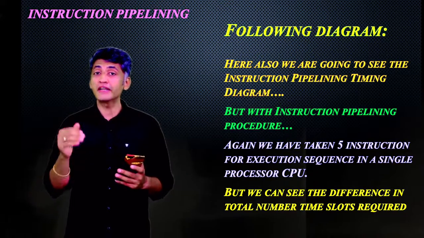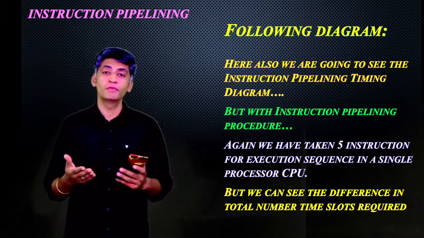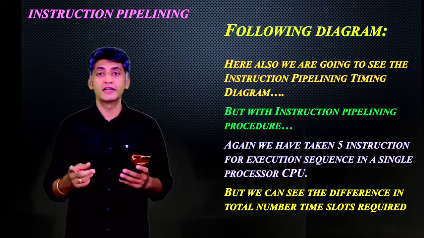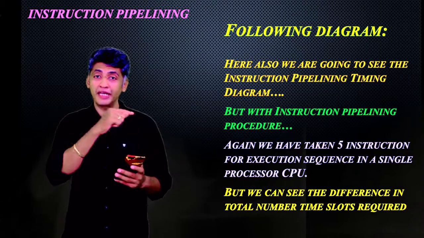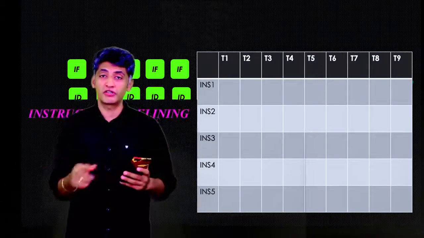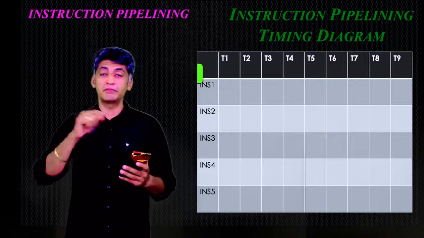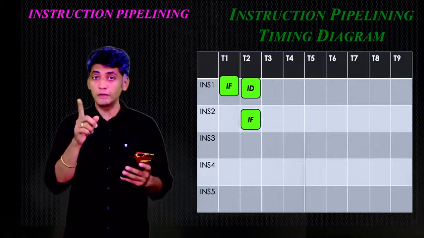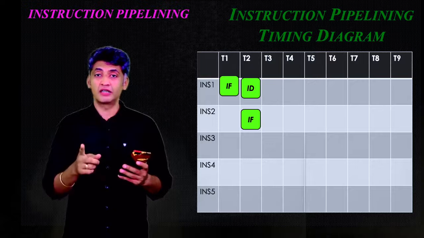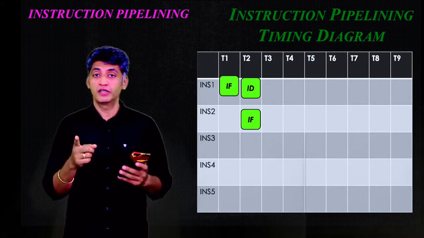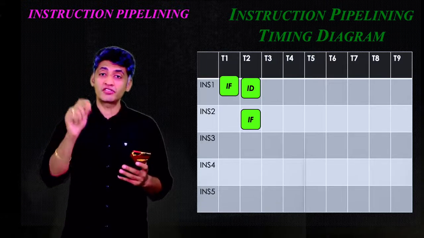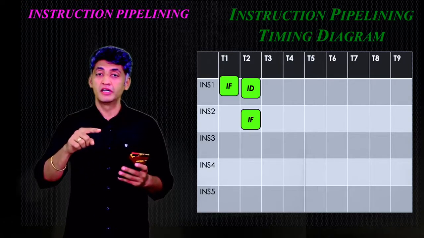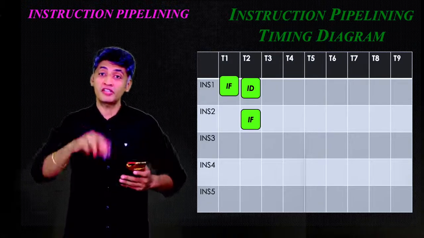During the instruction decode, I can't perform the same instruction decode for another instruction with the same processor, but I can go for another type of operation. So I take the second instruction and perform its fetch. In the second clock cycle, the decode operation is happening for the first instruction, and the fetch operation is happening for the second instruction.